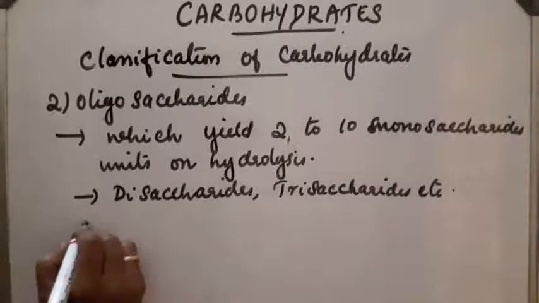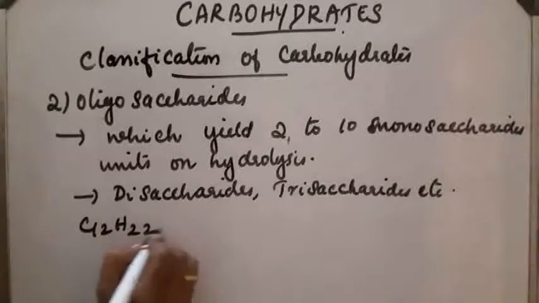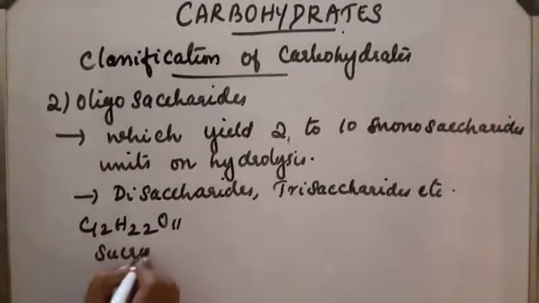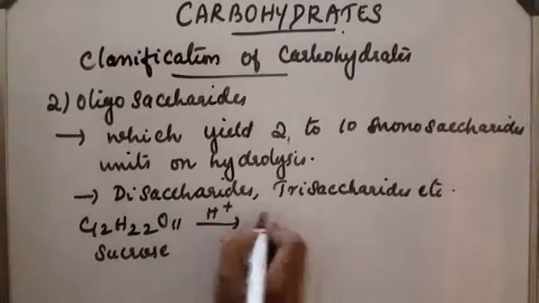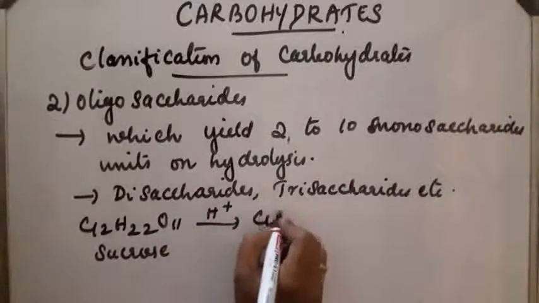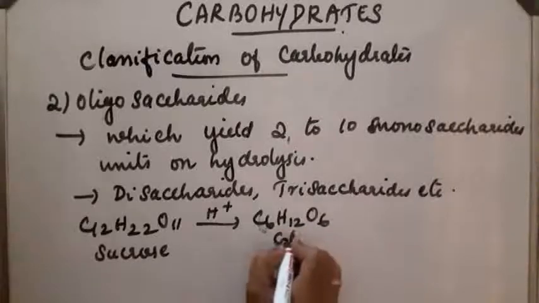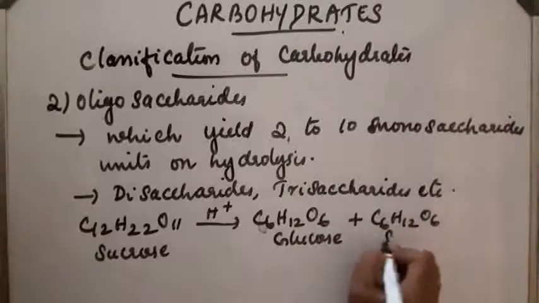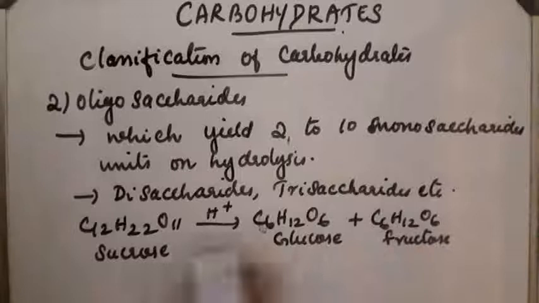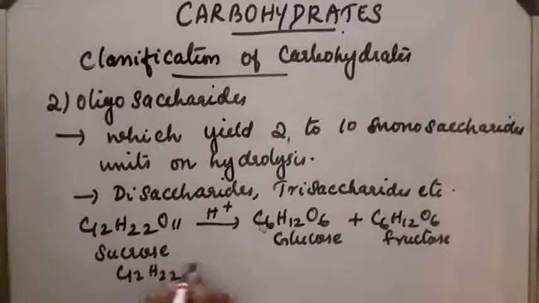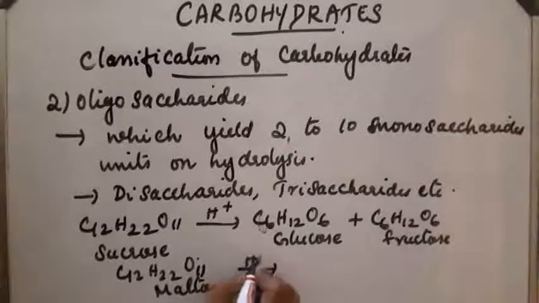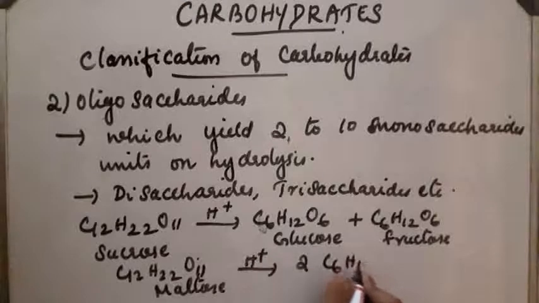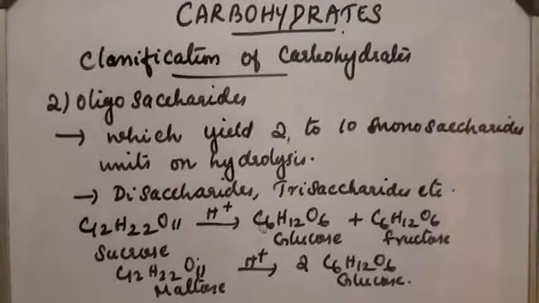Take some examples. Sucrose, C12H22O11, on hydrolysis gives glucose and fructose, C6H12O6. But maltose, C12H22O11, on hydrolysis gives 2 molecules of glucose. These are some examples of oligosaccharides.